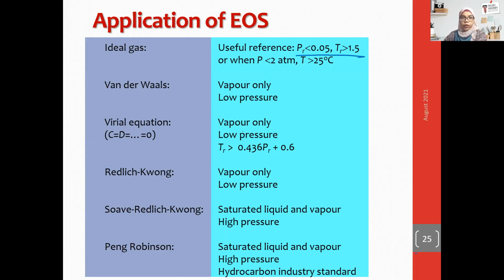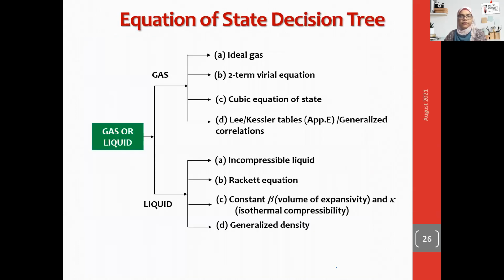For the virial equation, same as the van der Waals, but we may have the correlation for the TR and PR. Redlich-Kwong equation also can be used at lower pressure and for the vapor only. And the SRK can be used for saturated liquid and vapor and high pressure. And the Peng-Robinson can be applied in the hydrocarbon industry standard.